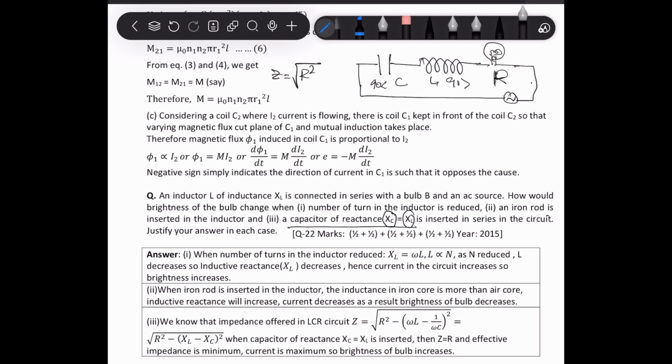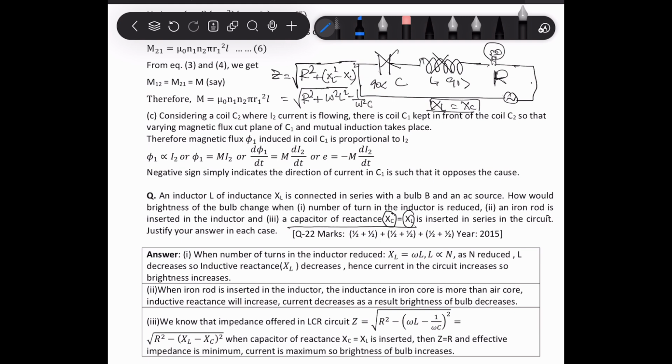The total impedance offered in an LCR circuit is root over R square plus XL minus XC, whole square. What is the resistance offered by inductance? Omega L. And by the capacitor, 1 by omega C. Now since XL is equal to XC, because of the phase difference between current and voltage, this reactance will cancel out.